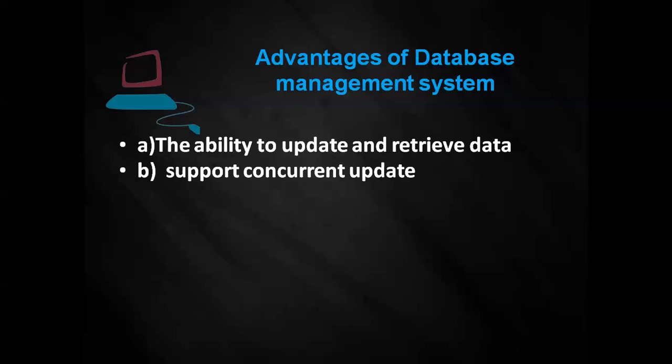For example, in our office we have two or three staff to enter details and make changes. Whenever any computer makes a change, it automatically updates in the main centralized database. Once it is entered on one computer, the same record immediately shows on the other computer. That is called concurrent, meaning the updates happen immediately and quickly.